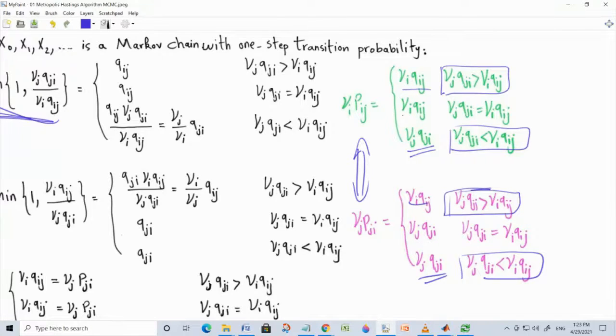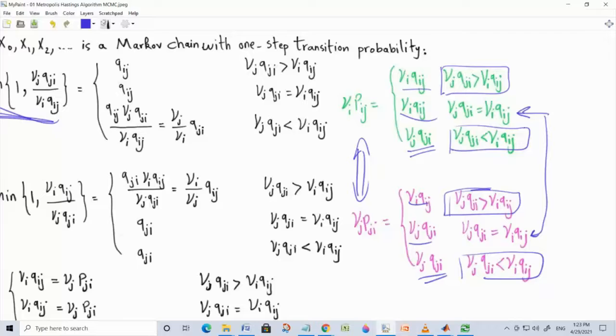Now, in the middle case, here you have mu_i Q_ij and here you have mu_j Q_ji, and this is the case in which mu_i Q_ij is equal to mu_j Q_ji. So basically we have equality.